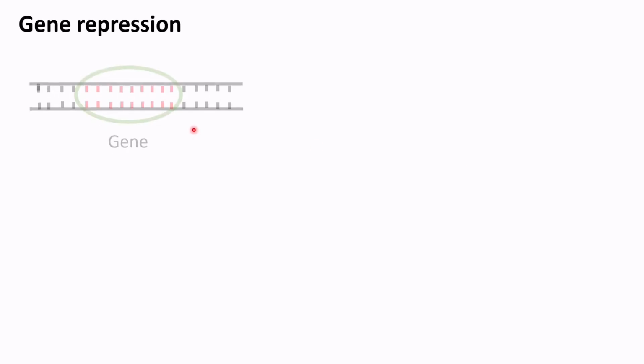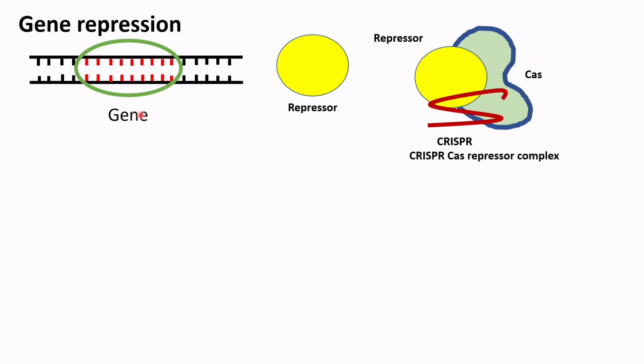Gene repression. Suppose you want to repress this gene, or we can say you are interested in gene silencing. Now what will you do? You need to add transcriptional repressor along with CRISPR-Cas.